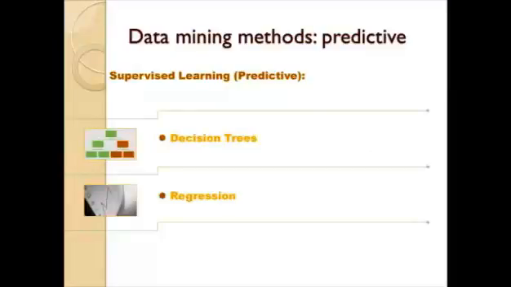All right. First, predictive methods or supervised learning include basically two major techniques. One is called decision trees. Second is regression. And again, I'm going to talk about each in turn.